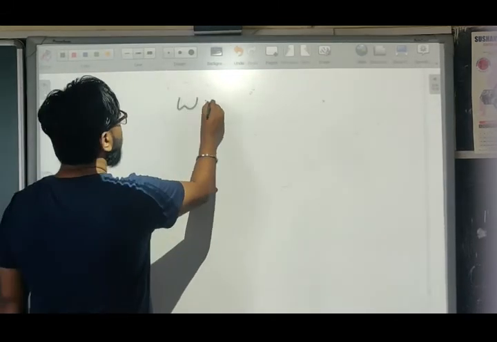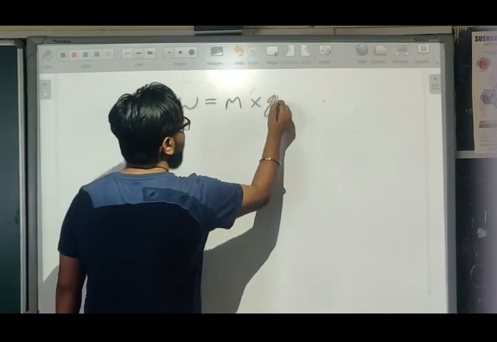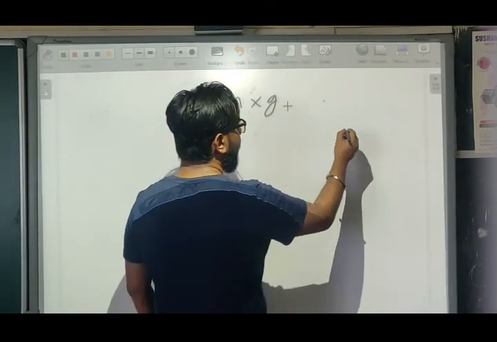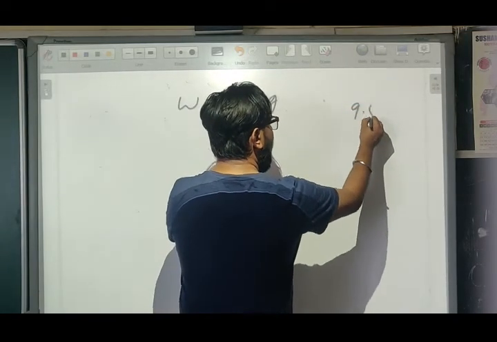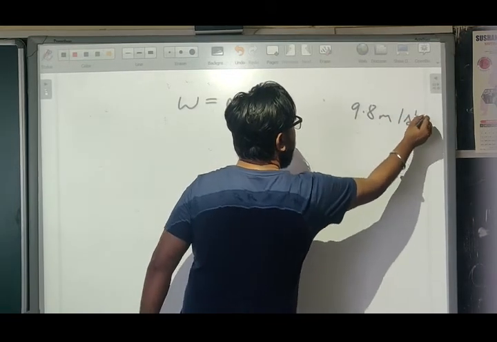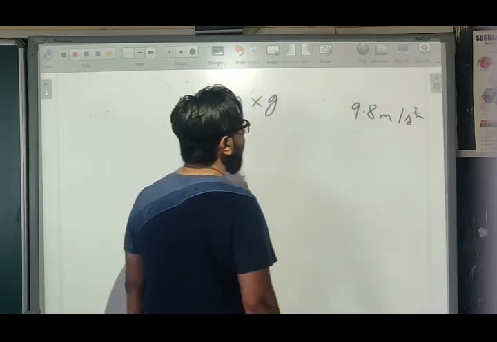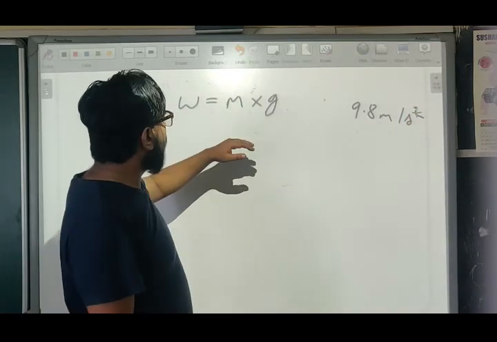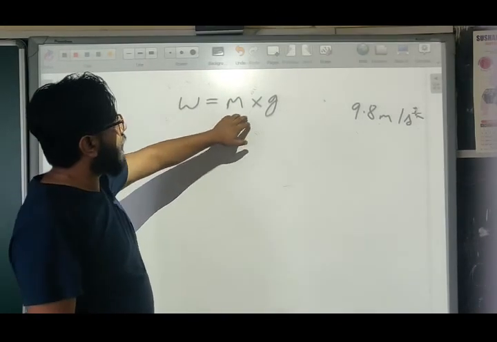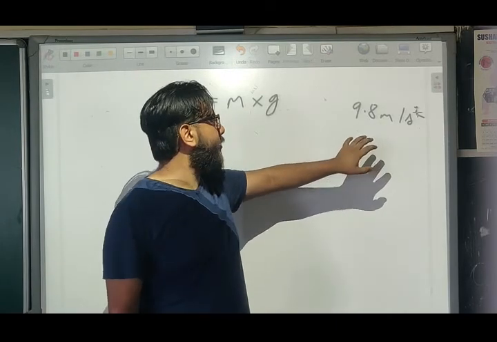Weight is basically mass into gravitational force, okay? And we also discussed that gravitational force is basically acceleration due to gravity. So weight is basically mass into acceleration due to gravity.